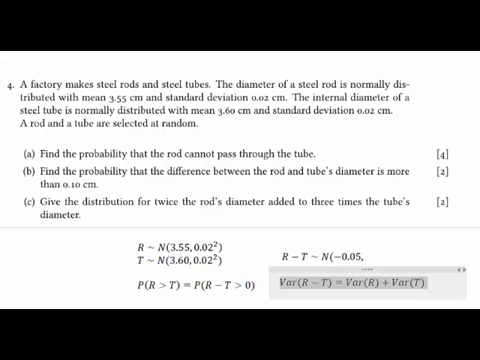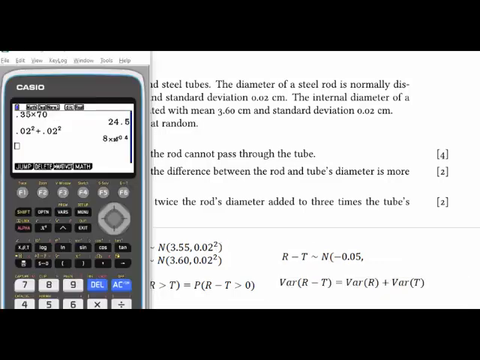The variance of r minus t is this, and I have used expectation algebra to multiply this bracket out. And the variance in this case, all it does is it changes the minus sign to a plus. So the variance of r minus t is 0.02 squared plus 0.02, which I typed into the calculator just to be sure, and got this.